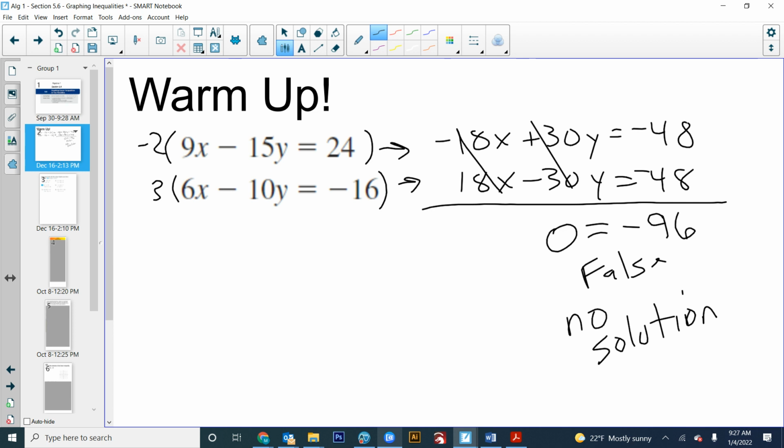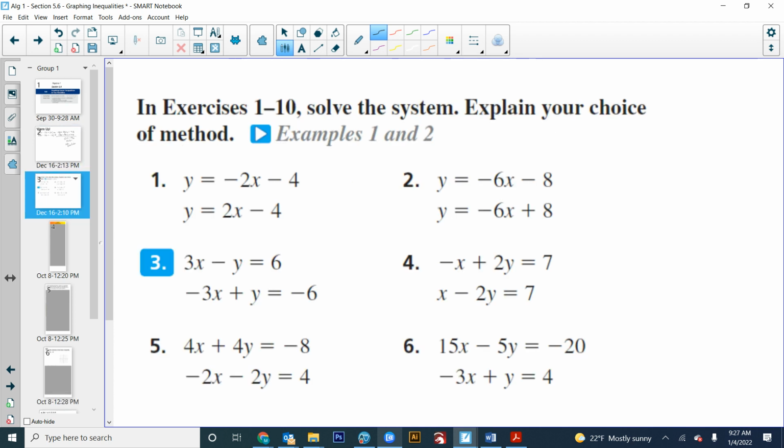We understand this. The lines are parallel, so they do not and never will touch. That's why there's no solution. Yep, that's kind of big. Okay, take a second, check your homework. And I'll give you a second, and we'll go over the homework.